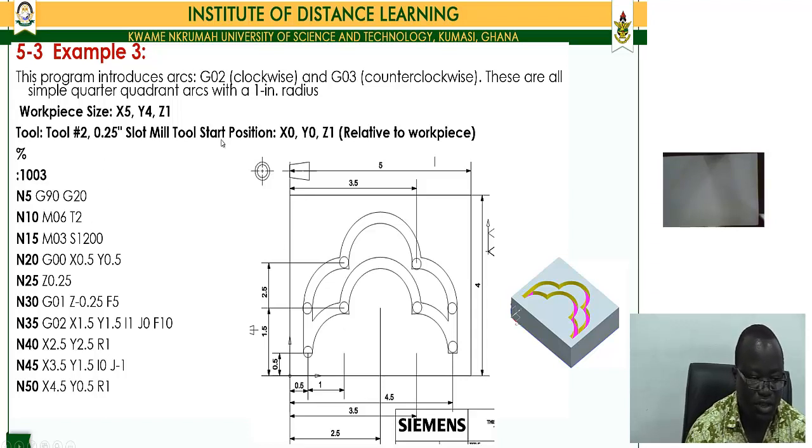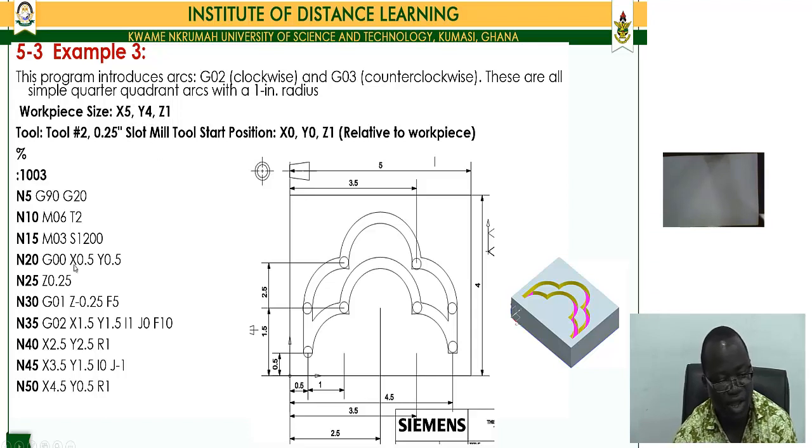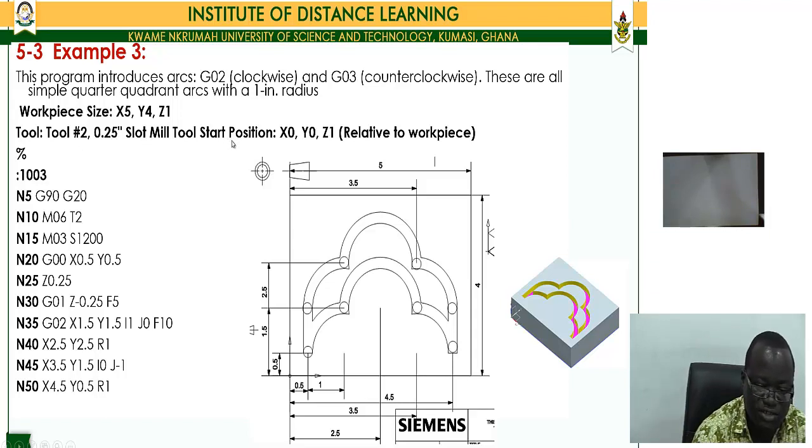So now we have this as our example 3. Now the first is to give the workpiece size, and that is still using the same block X5, Y4, Z1. And then we have tool number 2, which is a slot mill, 0.25 of an inch in diameter, and the tool start position X0, Y0, Z1 relative to the workpiece.